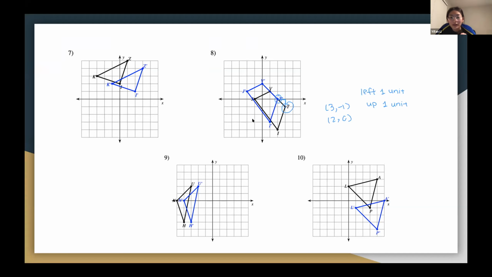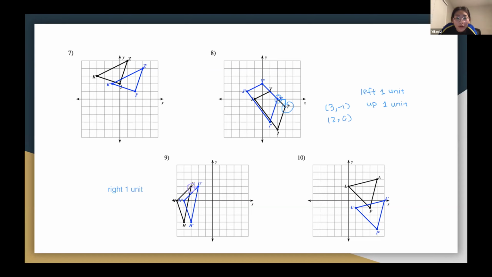Okay, I'll start. For number 9, we pick 1 point, for example U, and we can see it only moves right 1 unit. That's it.